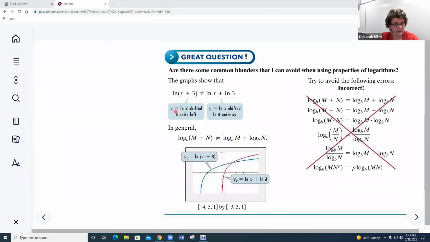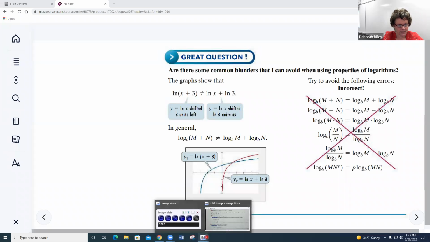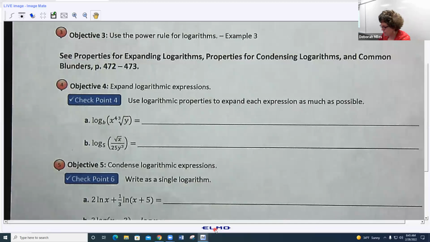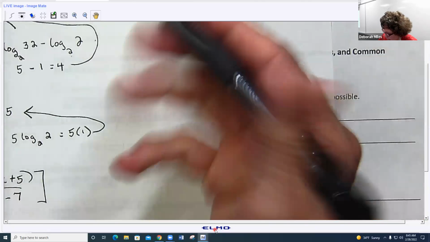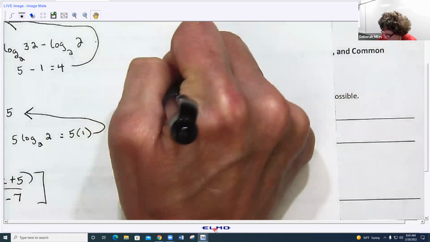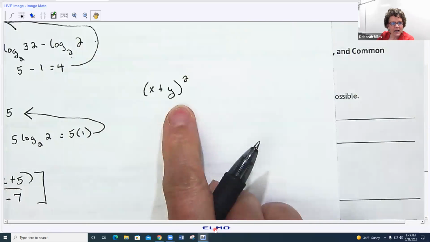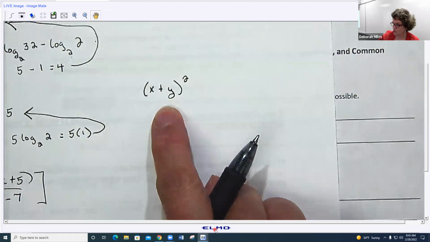Common blunders, this one's huge. Natural log of x plus 3. Let me pull up my paper again. Here's one of the most common mistakes in algebra 1. I have folks distribute the square.